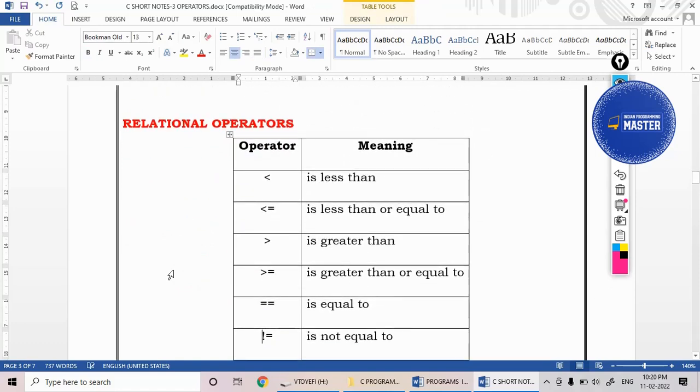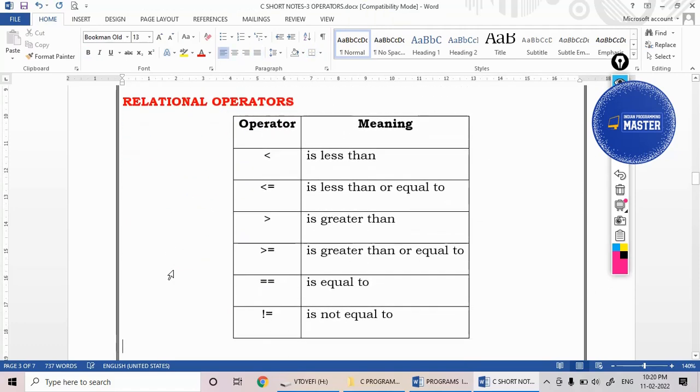Next type of operators are relational operators. A relational operator gives the relation between two operands, which is why we call these binary operators. So x less than y can be written using this symbol.